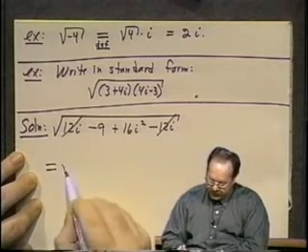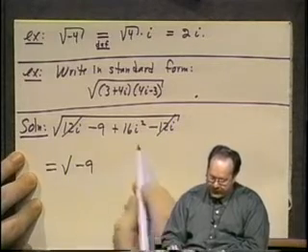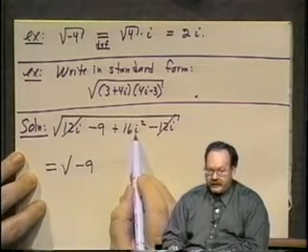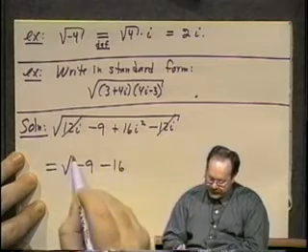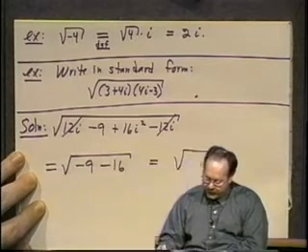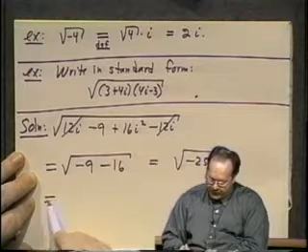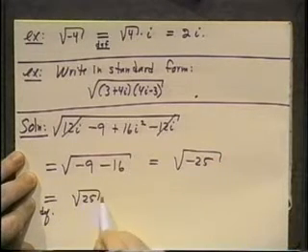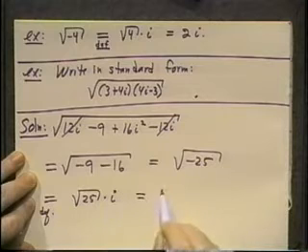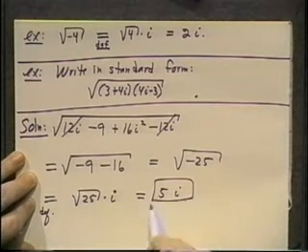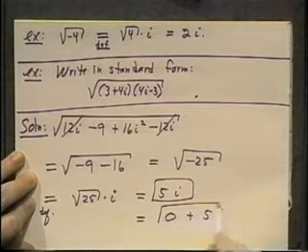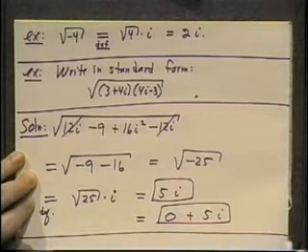So we're left with the square root of minus 9. And then remember, i squared is, by definition, minus 1. So that's minus 9 minus 16. That's the square root of minus 25. By definition on the previous page, that is the square root of 25 times i. And so the answer to this is 5i. And if you like the standard form, 0 plus 5i is perhaps more correct.